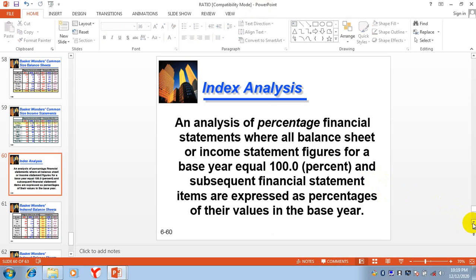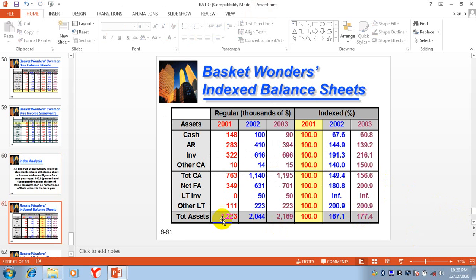How? See this. This is the complete balance sheet of 2001, 2002, 2003. We will take the first year, 2001, as the base year. Now check here when we are converting it to percentage.